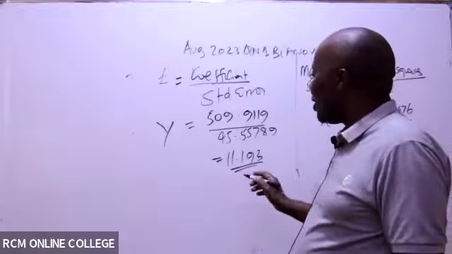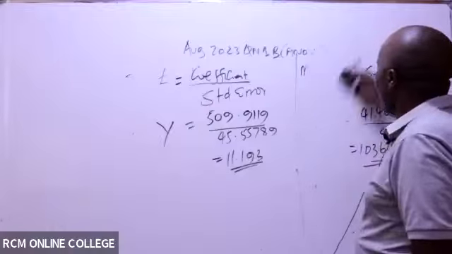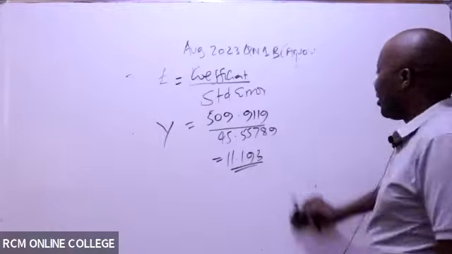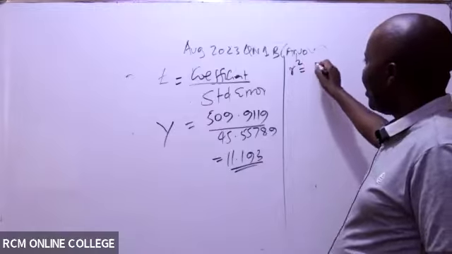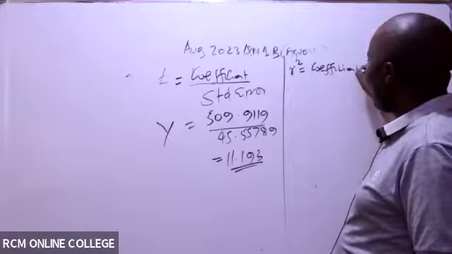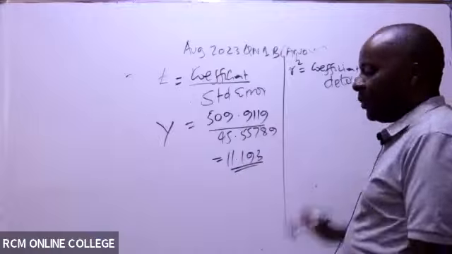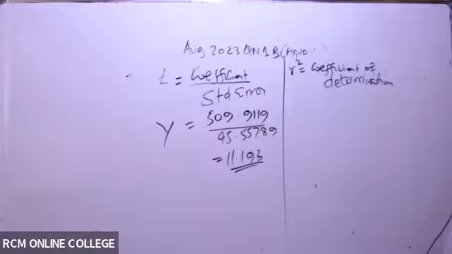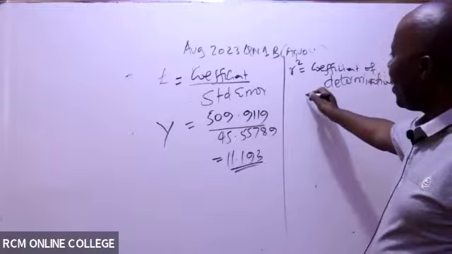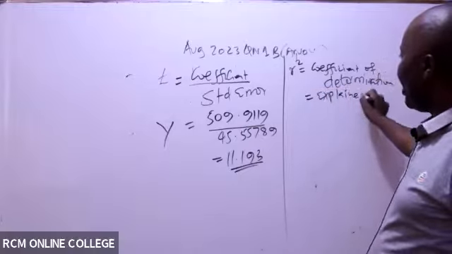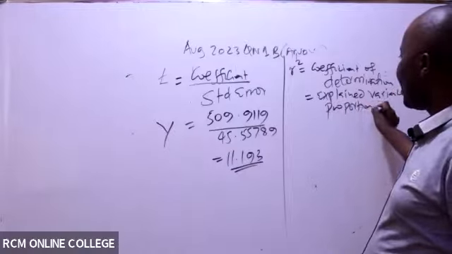It is upon you, ladies and gentlemen, to remember that we have what we call R squared, and the R squared is the coefficient of determination, which gives us what we call the explained variance proportion.